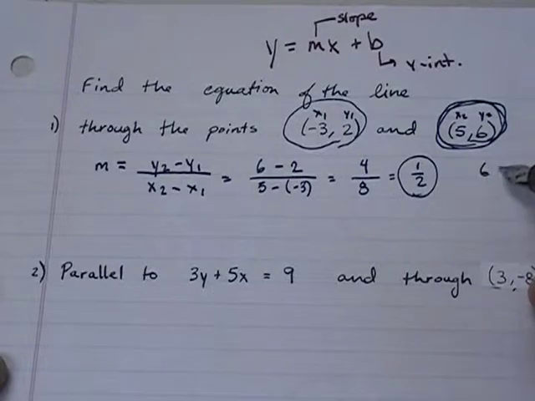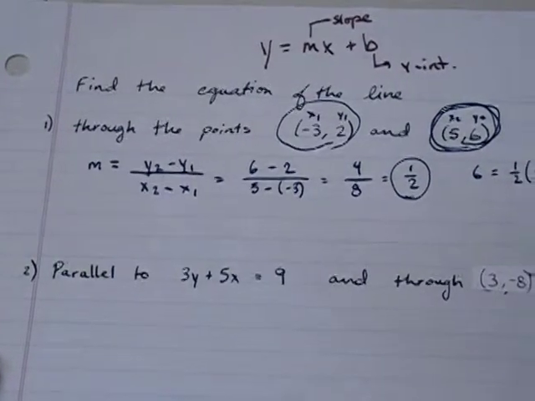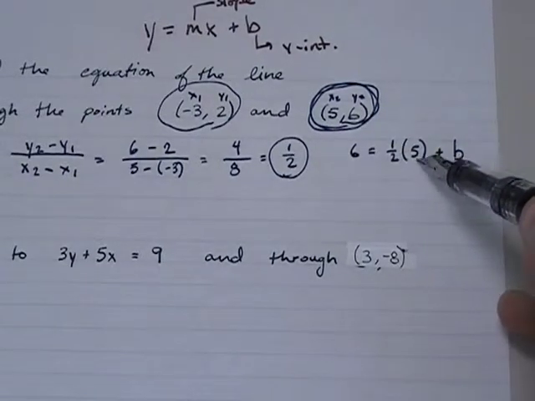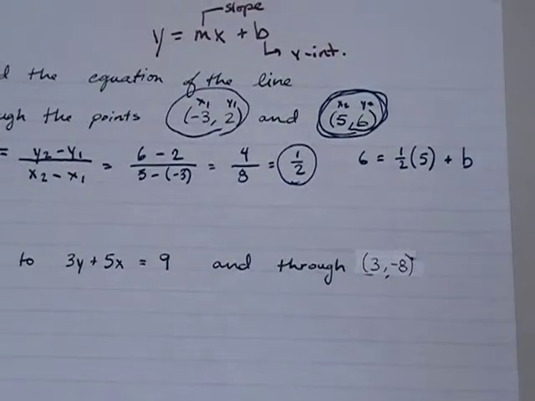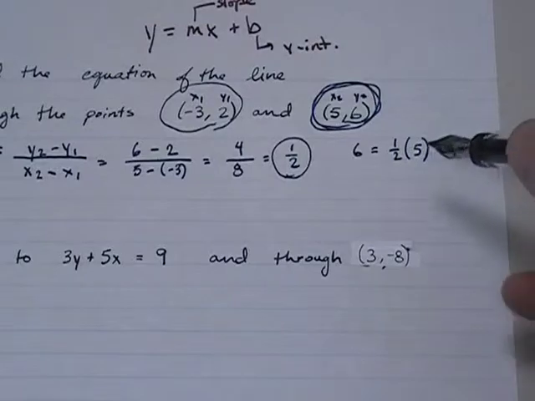So, okay, y is 6, m is 1/2, x is 5, and I don't know b. So I write my equation: y equals mx plus b. And the only unknown is b. So I say, okay, I've got 1/2 times 5, which is the equivalent of 5/2.